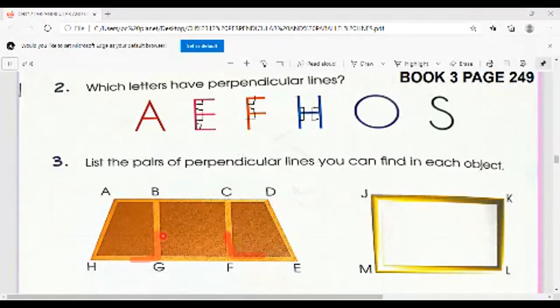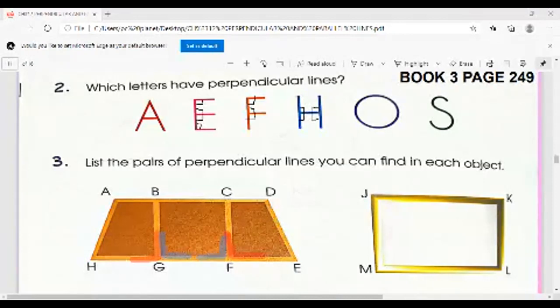So BG is perpendicular to GF. And with the same method for the other, CF is perpendicular to FG.